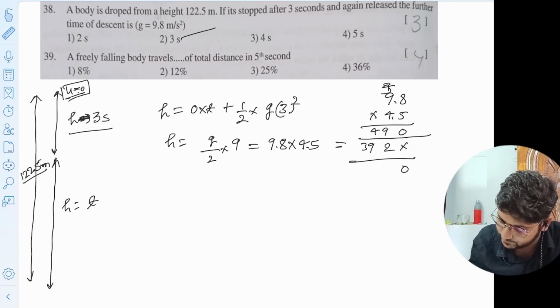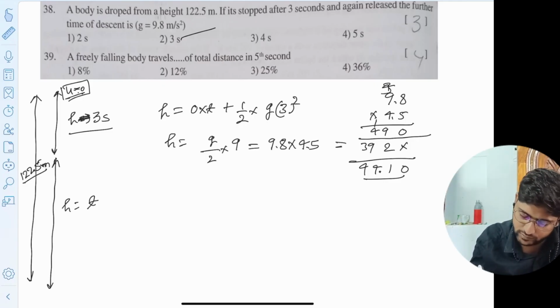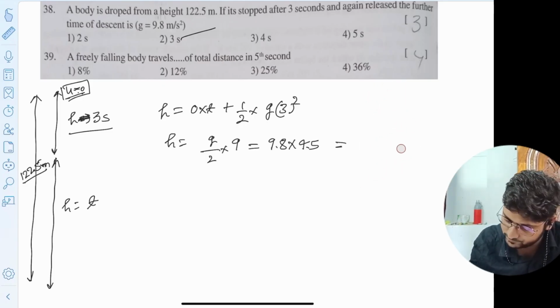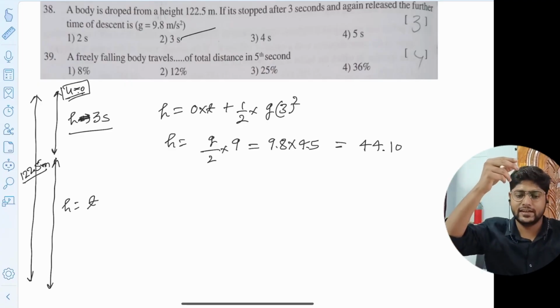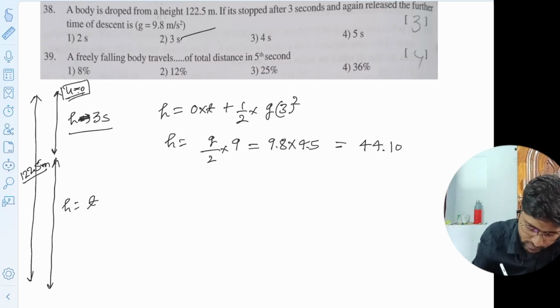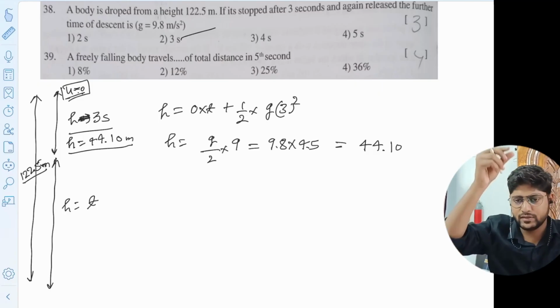We got 44.10. So after 3 seconds, it will come up to H equals 44.10 meter. Okay, this much it will come.